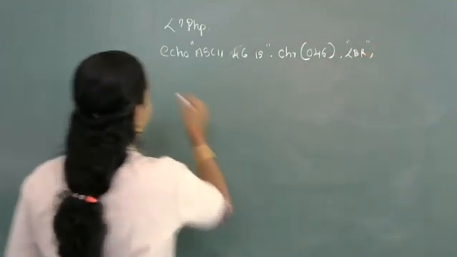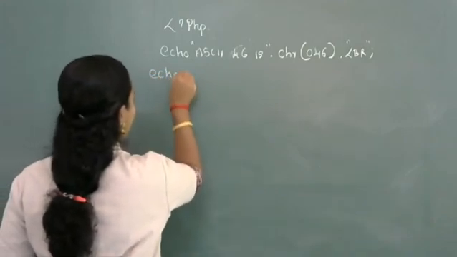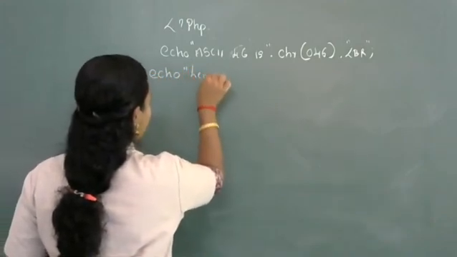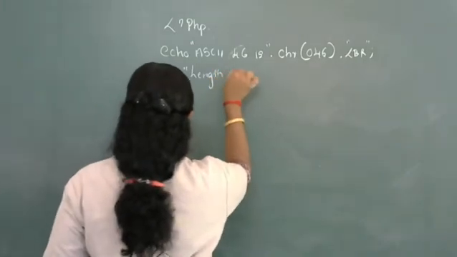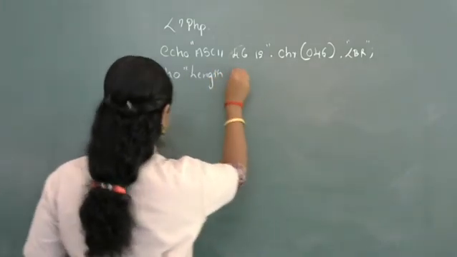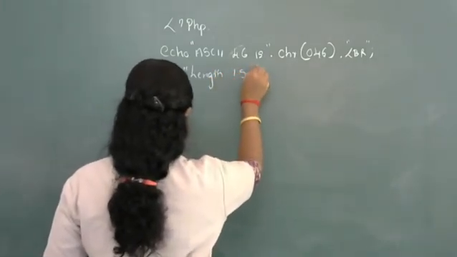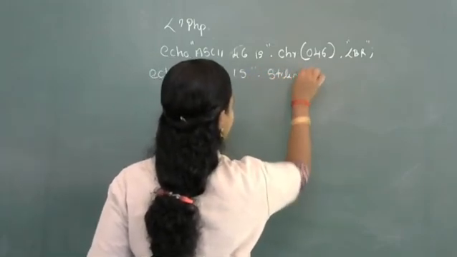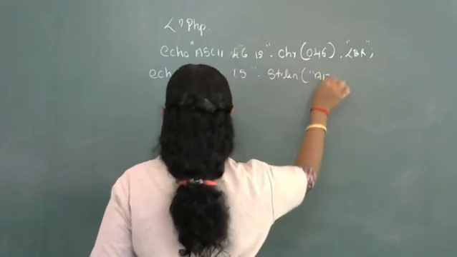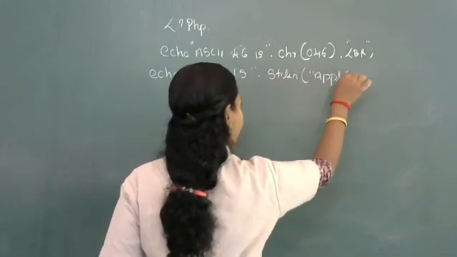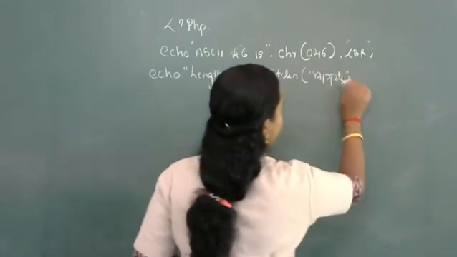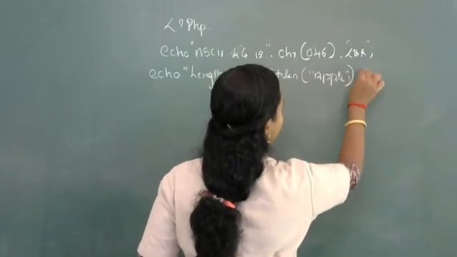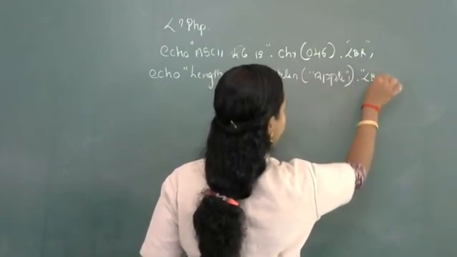Then next, length of a string. echo "length is " dot strlen("apple") dot "<br>".